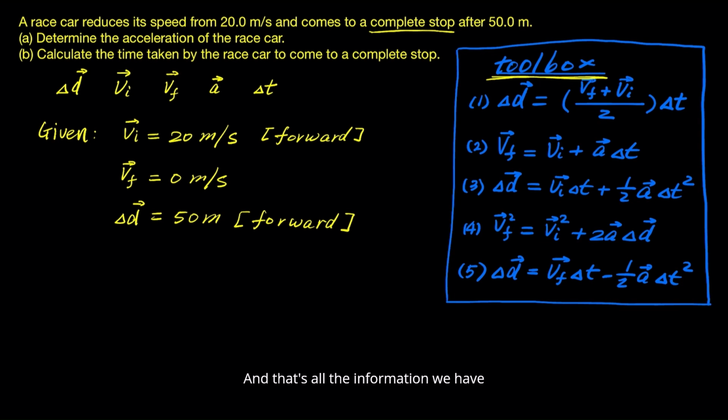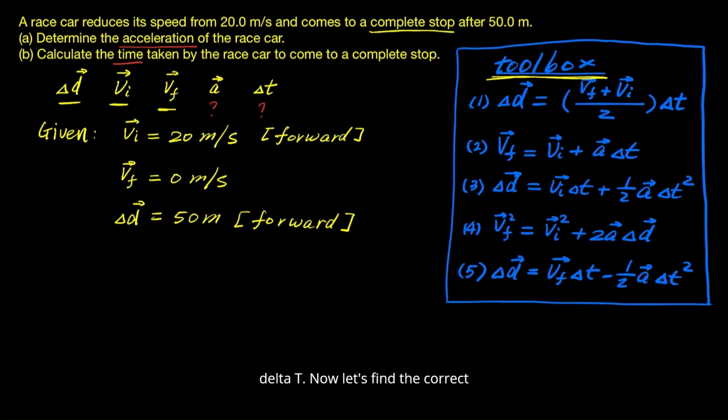That's all the information we have right now. We know the displacement, the initial velocity, the final velocity, and what variables are we solving for? For part A, we need to find the acceleration, a. And for part B, we are asked to find the time, delta t.